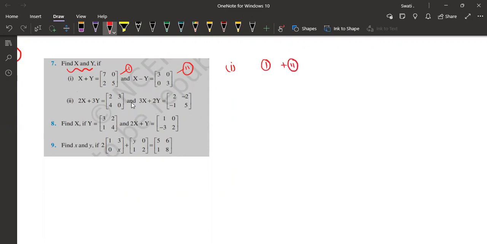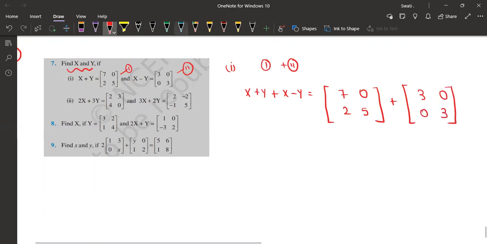On the left-hand side, it is x plus y plus x minus y. On the right-hand side, the matrix will get added: 7, 0, 2, 5 plus 3, 0, 0, 3. It's as simple as that.